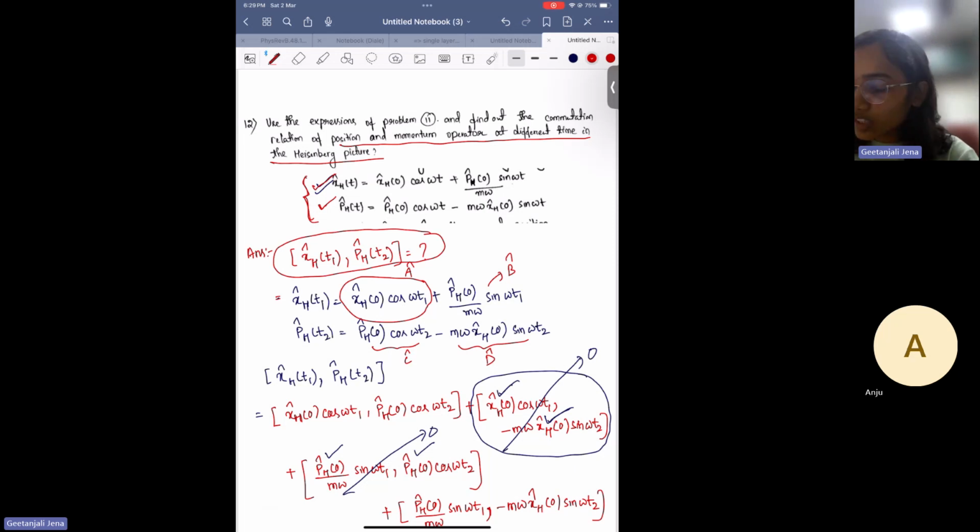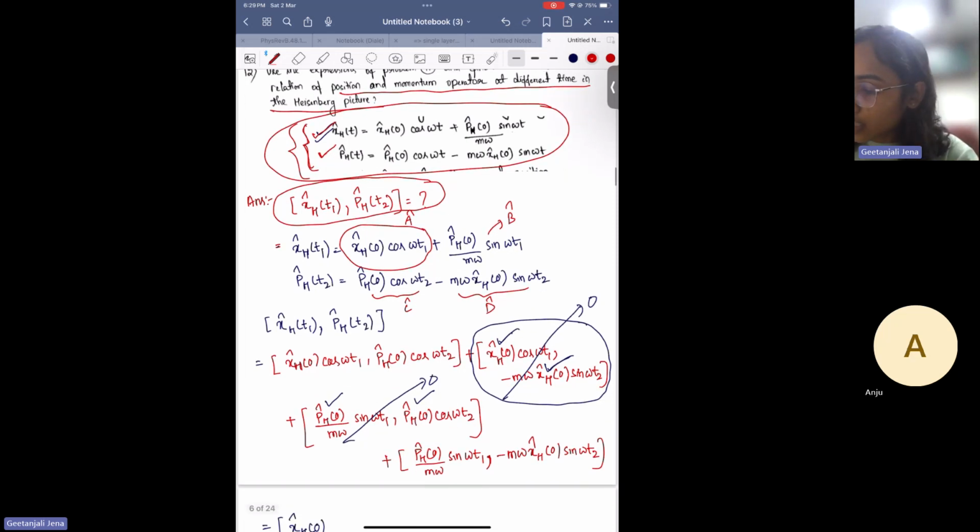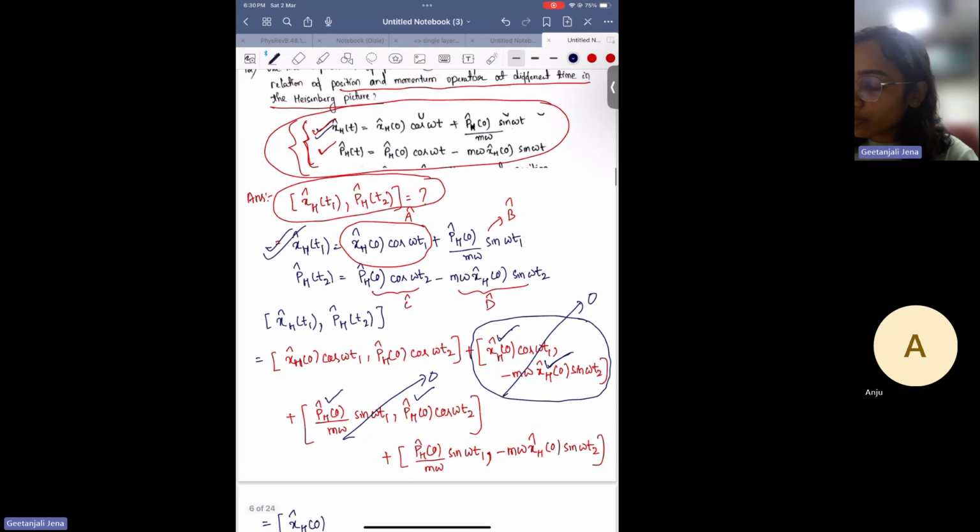So what we have to do is just use this expression and solve the commutation relation. x of t is given, so you can find the expression for x at t1, and find the expression for the momentum operator at a different time t2. You have to put these expressions in the commutation relation.